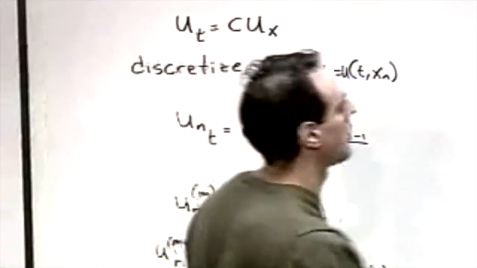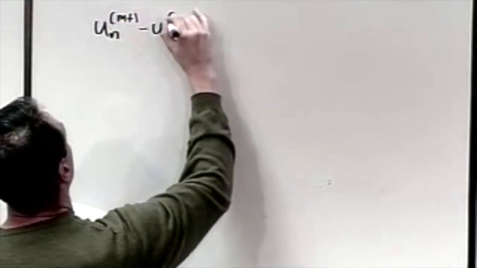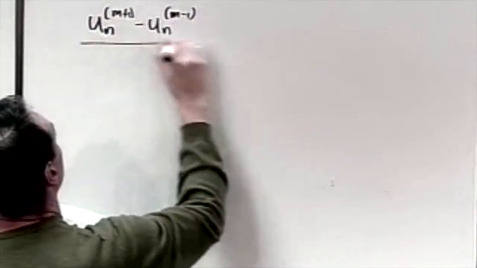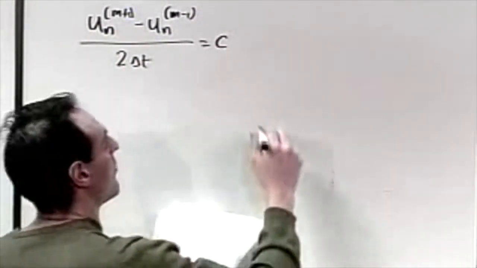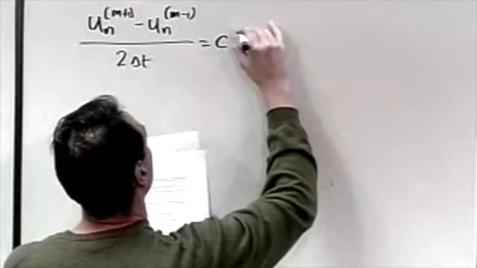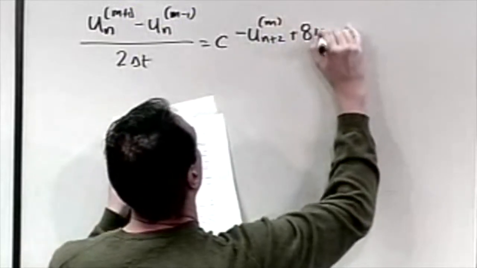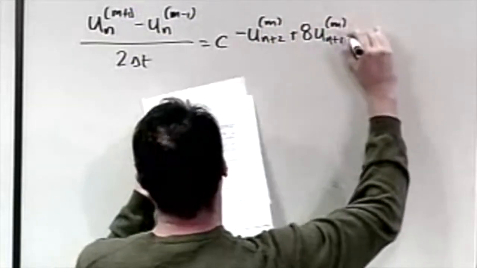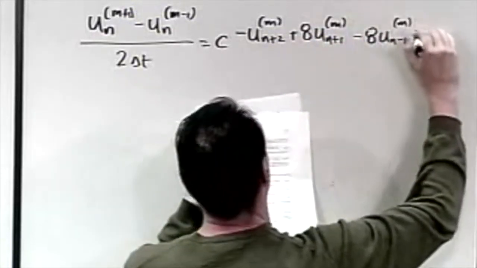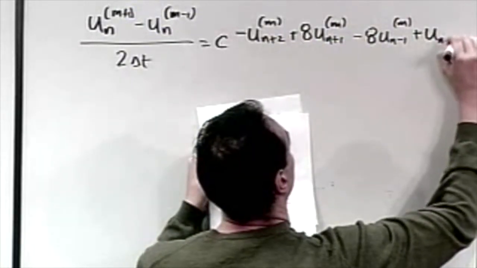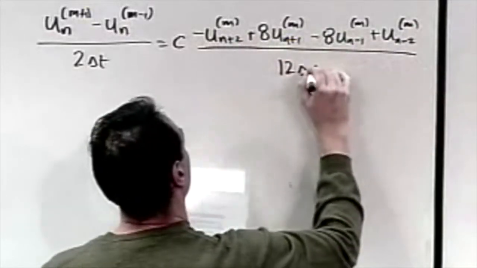Okay, so if you central difference in time, you find u of n, m plus 1, minus u of n, m minus 1, and there's a 2 delta t in there. It's equal to c times u_x. Well, if you remember the formula I gave in class, you basically get minus u of n plus 2, m, plus 8 u of n plus 1, m, minus 8 u of n minus 1, m, and then plus u of n minus 2, m, all over 12 delta x.